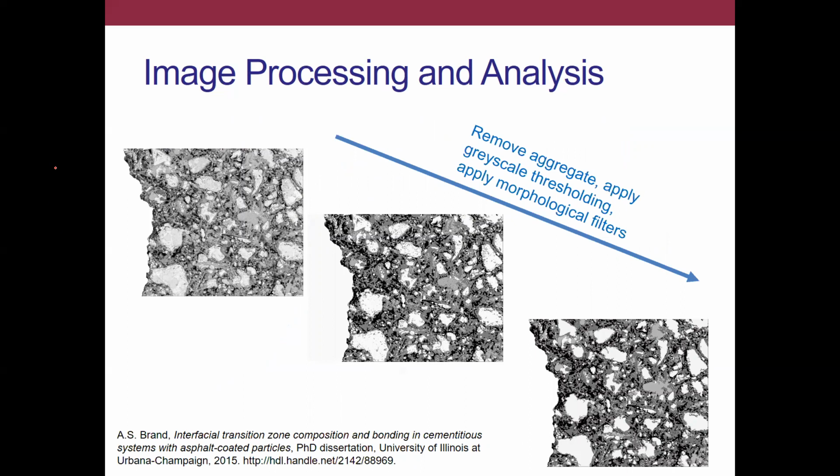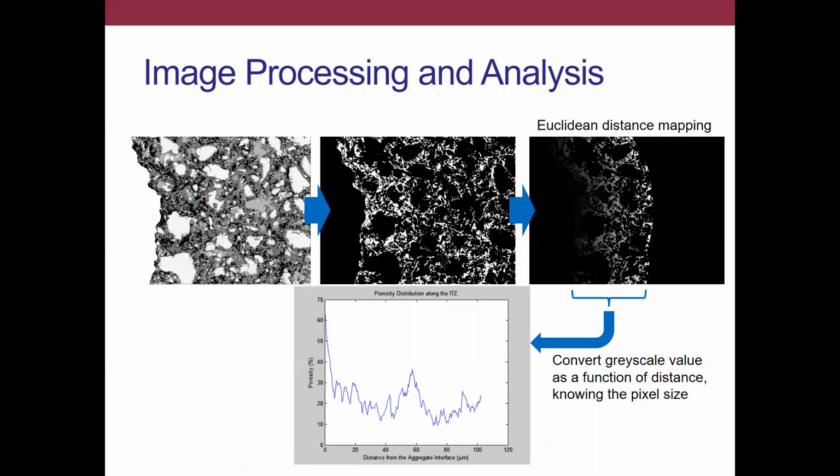So here you have this first image at the top, number 1, we have 2, and we have 3. The first image is just the base image we have from our SEM with the aggregate removed. In 2, we have then done that grayscale thresholding. And then 3, we then did some morphological filtering to clean up the image. And again, all of these methods are established in the literature.